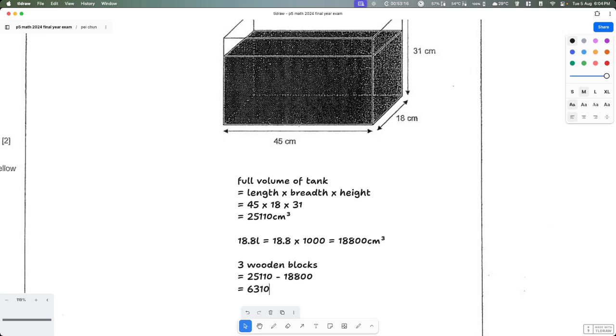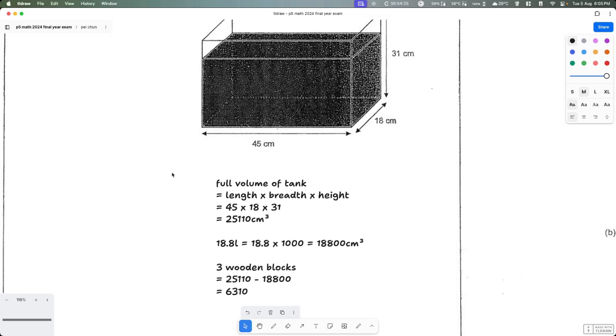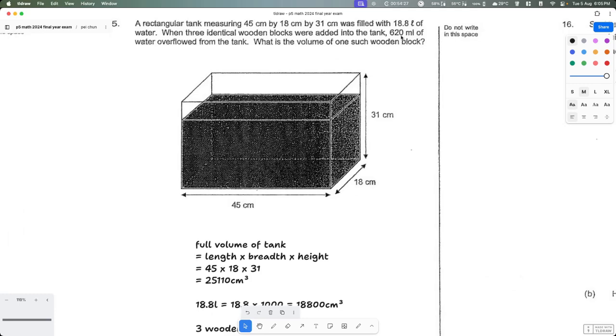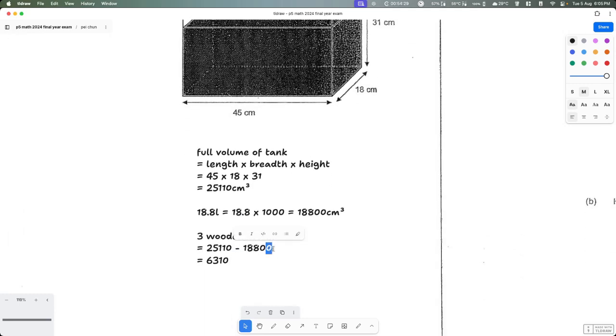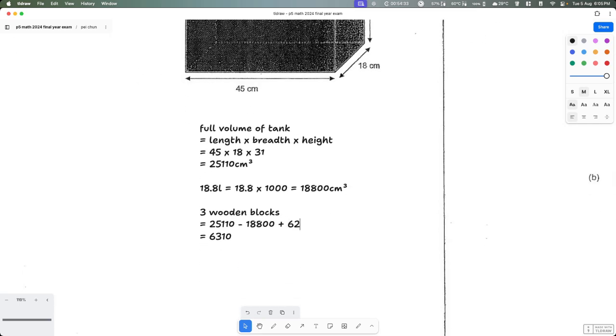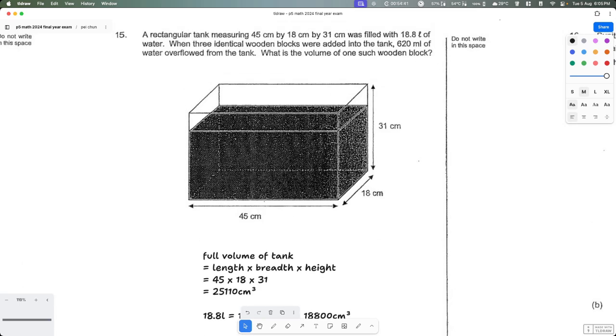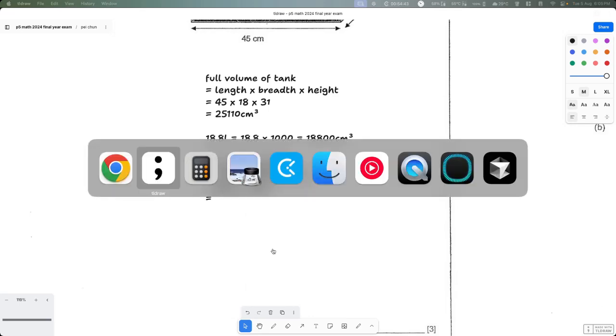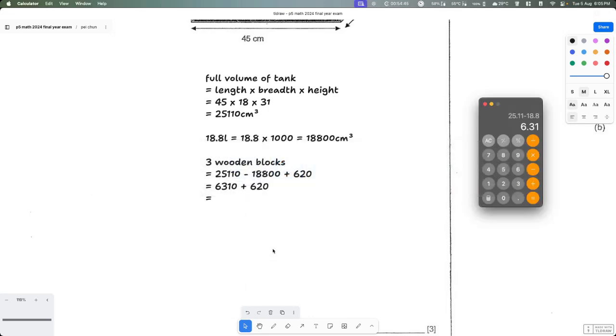That's what you see over here. But we're missing one more thing, the overflow over here. So that means we also need to add plus 620. Okay, 620. All right, so now in this case over here, 6310 plus 620 is 6930.